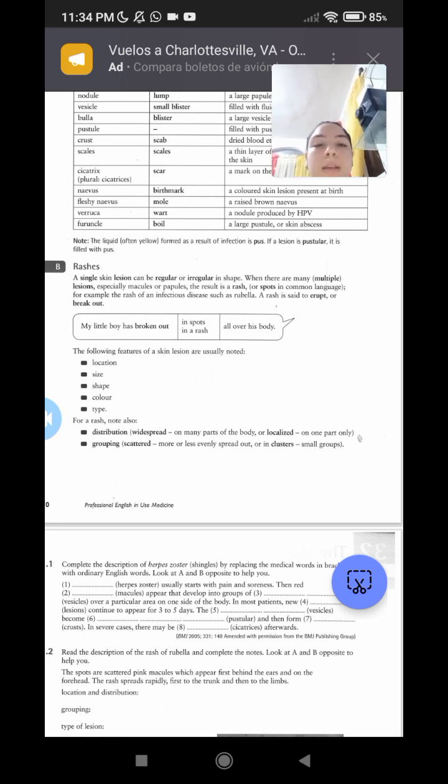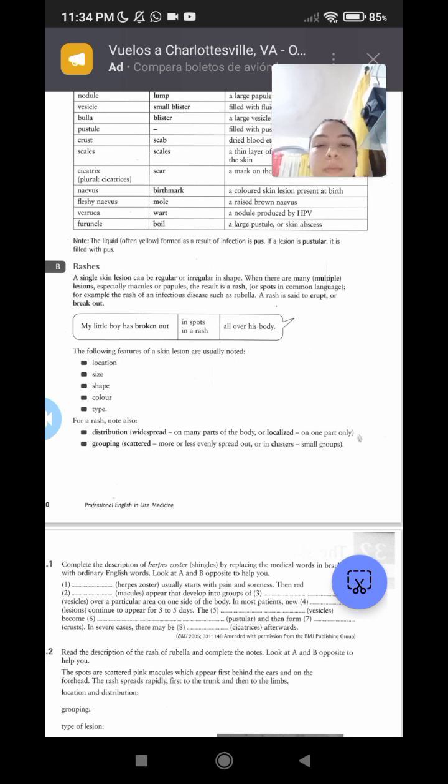When there are many multiple lesions, especially macular or papular, the result is a rash, or spots in common language. For example, the rash of an infectious disease shows as a rubella rash. A rash is said to erupt or break out. My little boy has broken out in a rash all over his body.